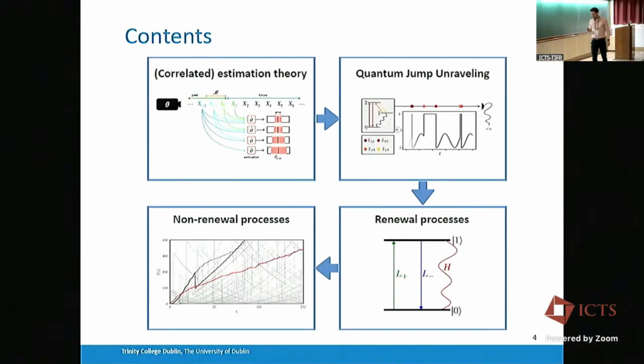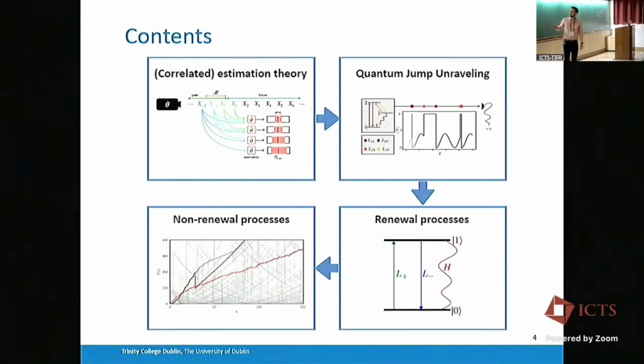Before I go into the open quantum systems part, I want to give a quick overview of correlated estimation theory in a little bit of a broader sense. This is where we started from working on this, before then going into the quantum jump unraveling, which you're all familiar with by now. And then 2 particular cases of estimation that we can look at.